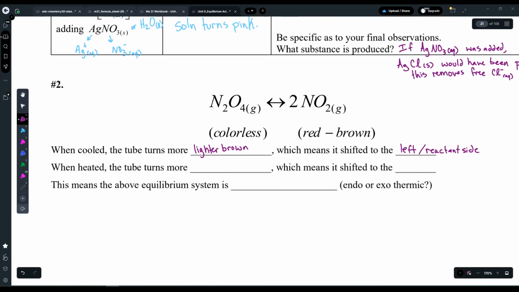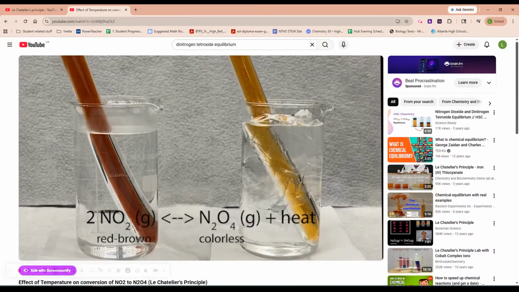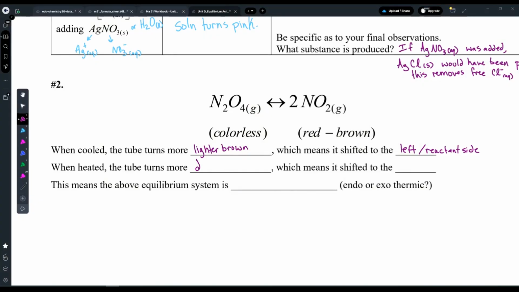Now, when the tube was heated up, again, looking at this picture, the heated up tube is on the left-hand side. Notice how it turned a darker brown. So if it turned a darker brown, that means we produced more nitrogen dioxide.